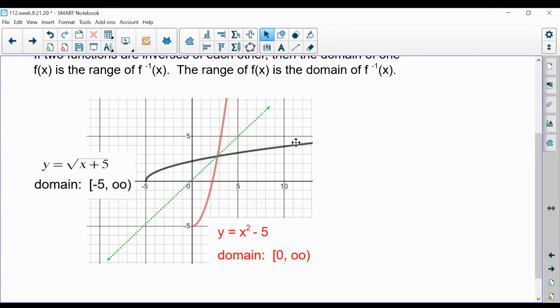Now there's 11, 4 again. 11, 4 is an ordered pair on this graph. But then if I switch 11 and 4, I would get 4, 11. And 4, 11 is on the red graph. The only time where it doesn't move positions is precisely when y equals x. Because if y and x are the same, then switching them won't change the ordered pair, which is why it's symmetrical about this line.